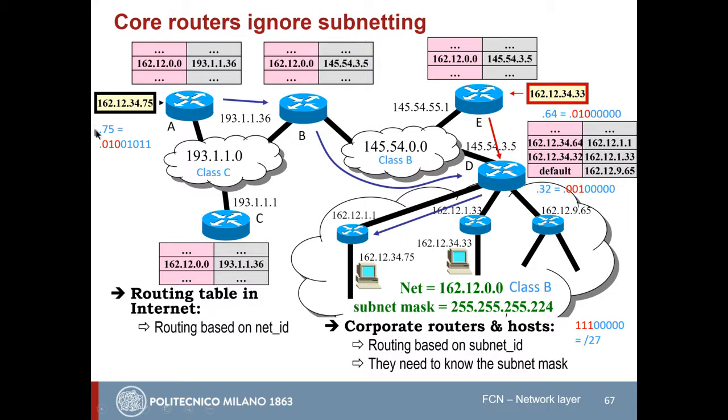As you can see, the destination .75 means that you have in the last byte 010 and then the host ID. 010 is matching with .64, the subnet that is .64. In the other case, you have 001, which is matching with subnet .32, and so the other packet will be sent there.